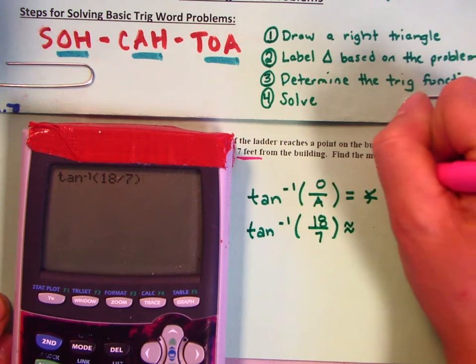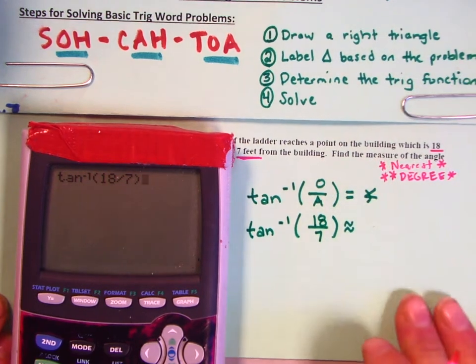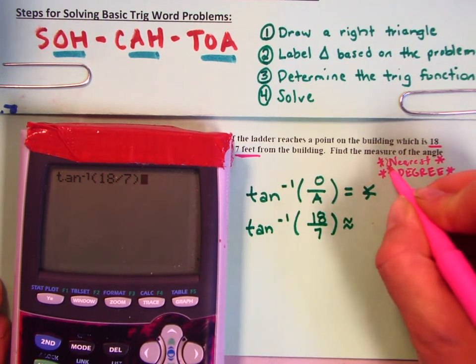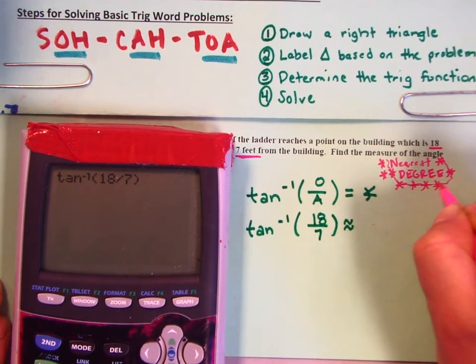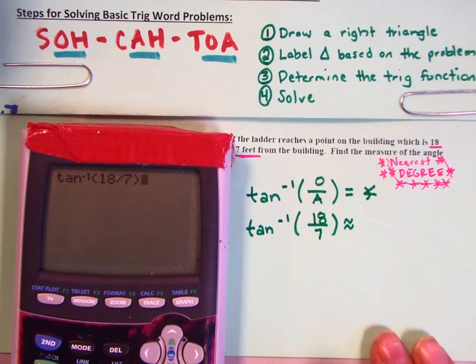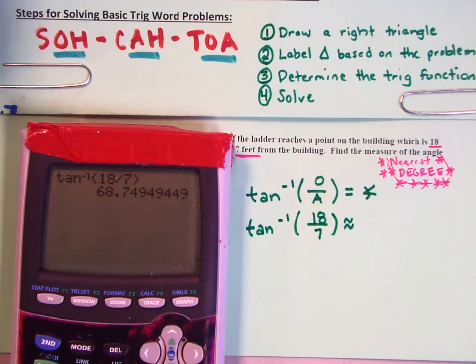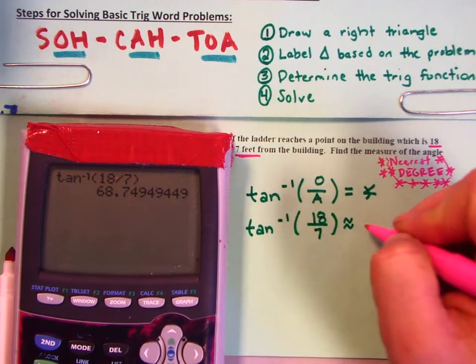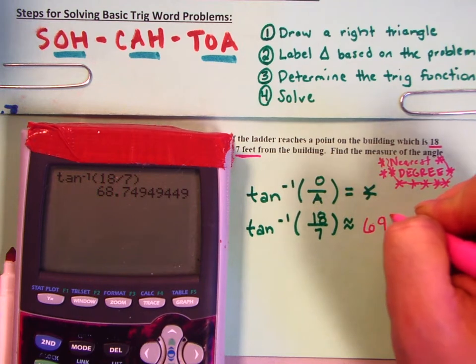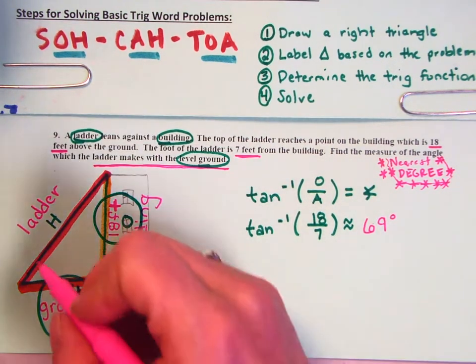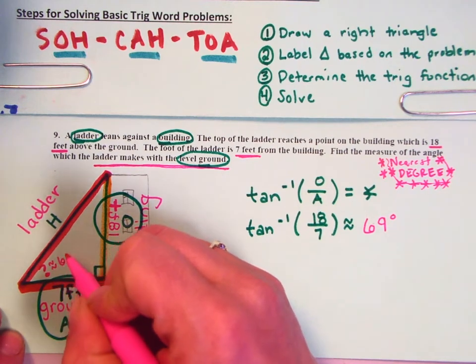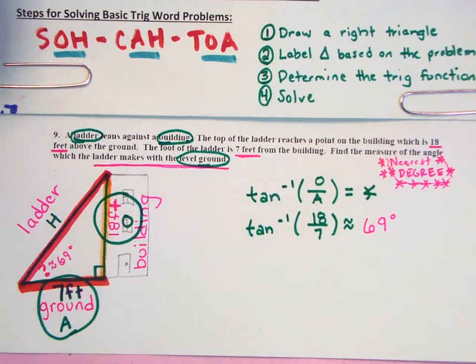Angles, round to the nearest degree. Sides, round to the nearest tenth, unless otherwise noted. So if we are rounding this to the nearest degree, 68.7 would round to how many degrees? Approximately 69 degrees. So the ladder makes an angle of approximately 69 degrees with the ground.